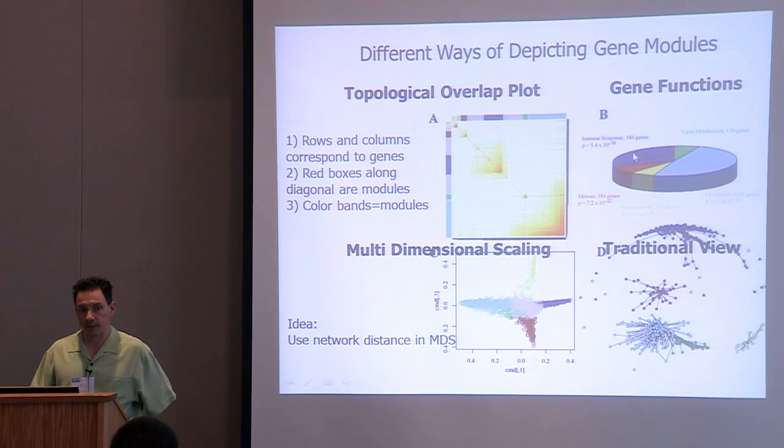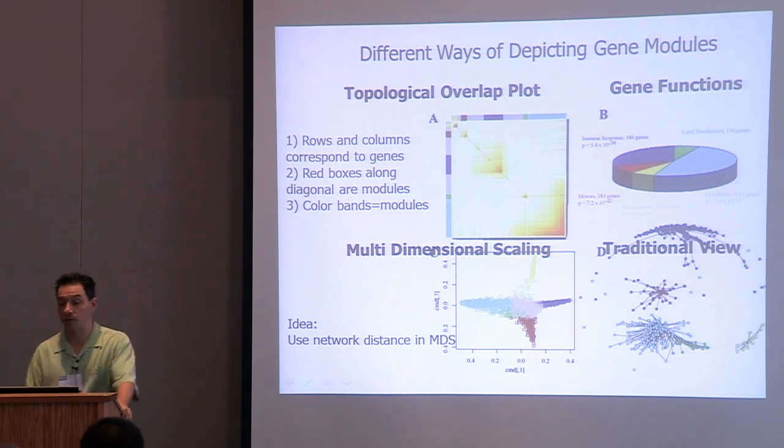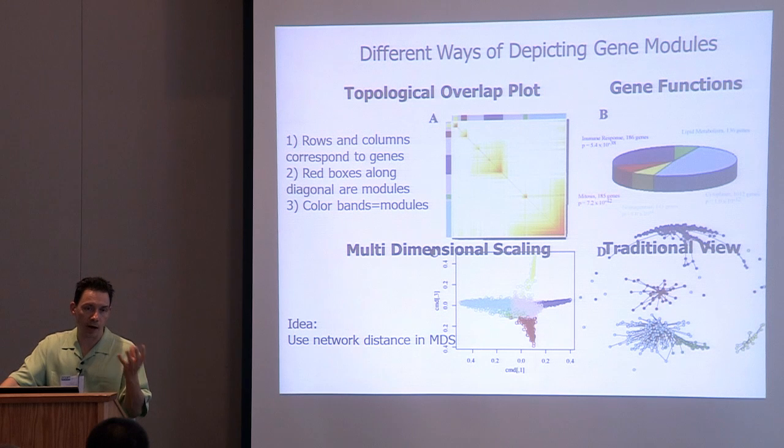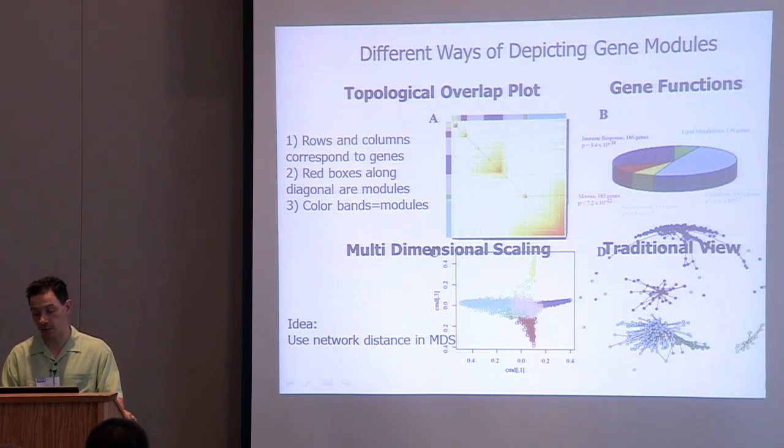I already mentioned their web applications, for example, DAVID or EASE and WebGestalt. And then there are commercial packages, Ingenuity, and so on. They allow us to say, well, this set of brown module genes is highly enriched with mitosis genes, for example. So you arrive at that type of an interpretation.